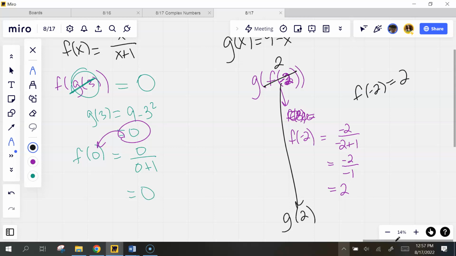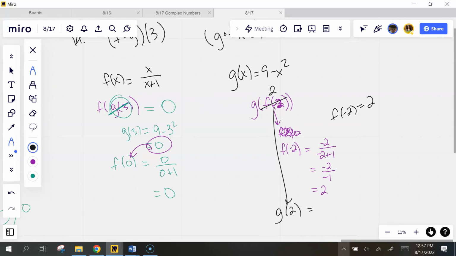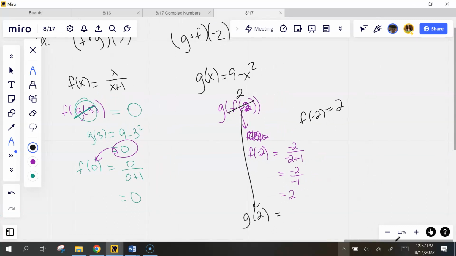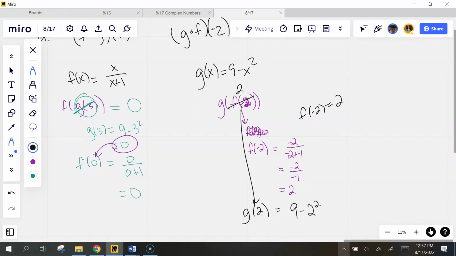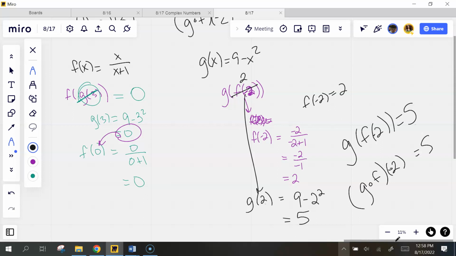So g of f of negative 2 is 5. Does that make sense?